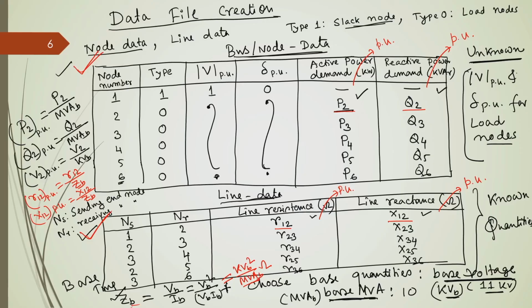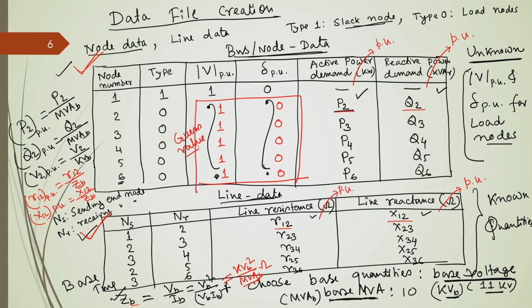And for this guess value we make a flat start, meaning that we assume that the initial guess for all these bus voltages or node voltages are 1 per unit and these angles are 0. Okay. So, these are not actual values, this is basically our guess value.